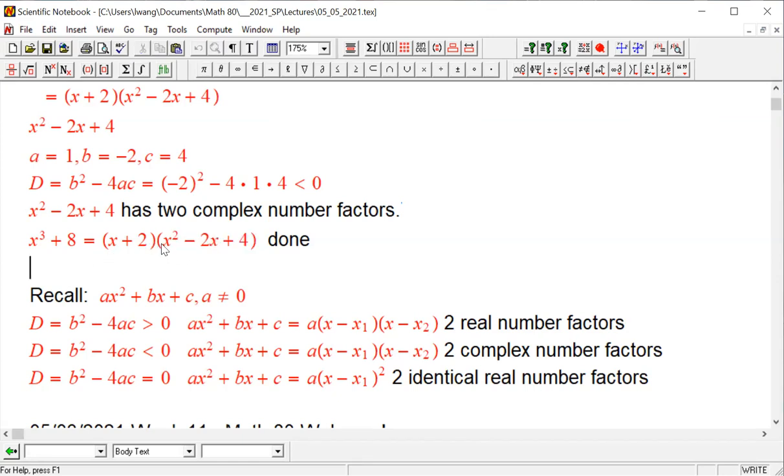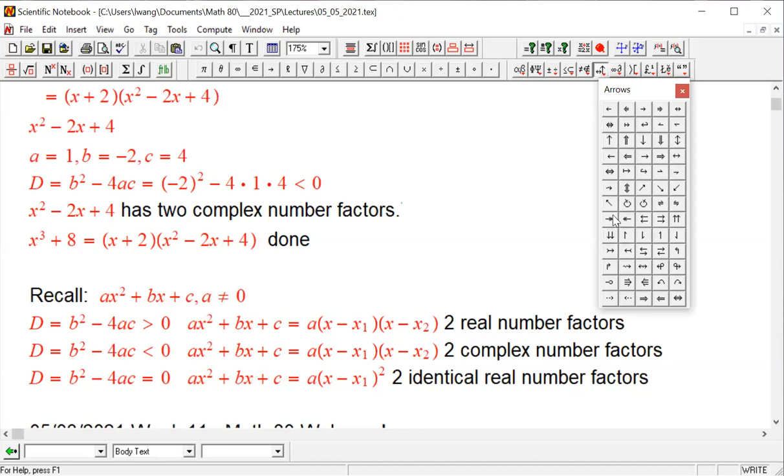So this is also called quadratic irreducible. Okay, so let me write down the word for you. Let me find a symbol for that.